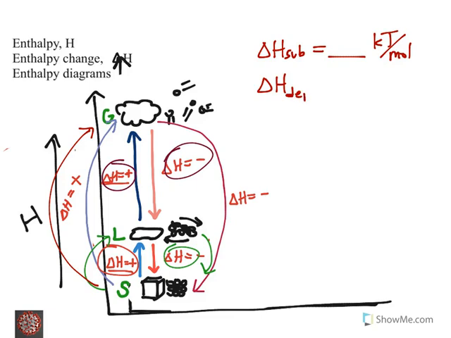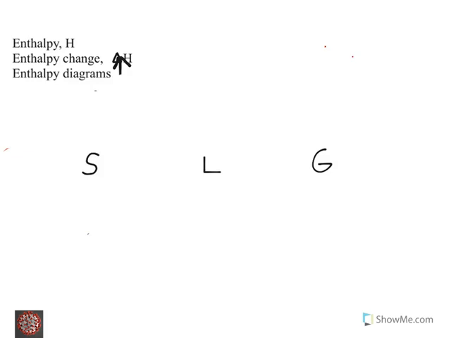Molar heat of deposition is equal to the negative amount of kilojoules required for 1 mole of a gas to deposit into solid. Again, the molar heat of sublimation for the same substance is going to be the same value as the molar heat of deposition of the substance, just opposite in sign.